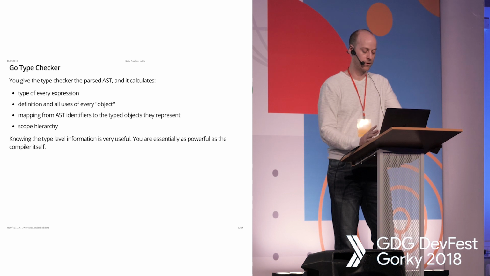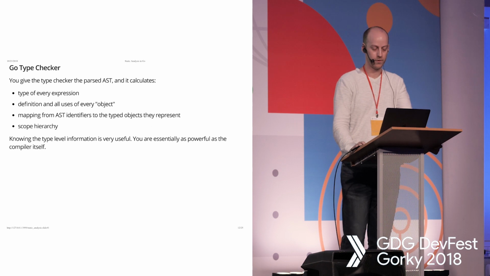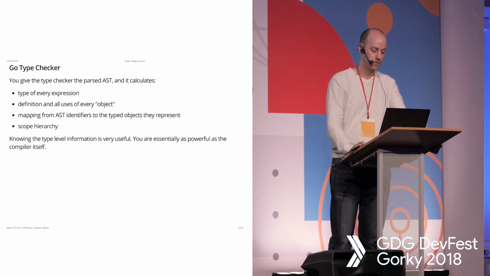And it creates mappings to go from your abstract syntax tree into the kind of typed objects that those nodes represent. And it also gives you information about the scopes of your code, all of the variables declared in the scopes, the child scopes and the parent scopes. The scopes are useful for certain types of static analysis.